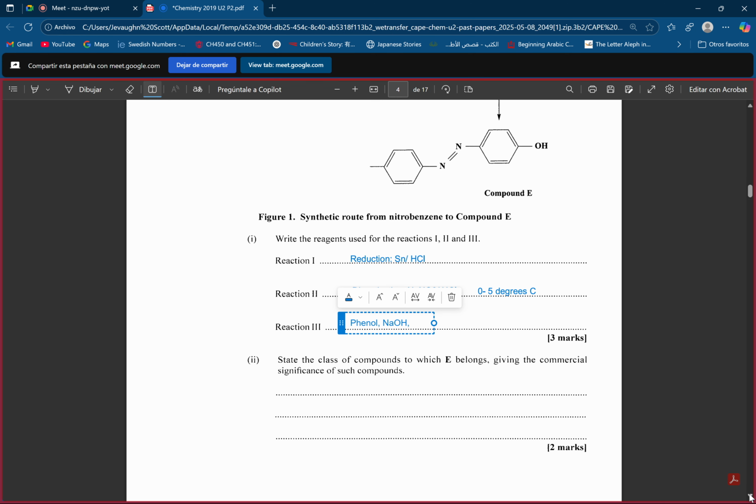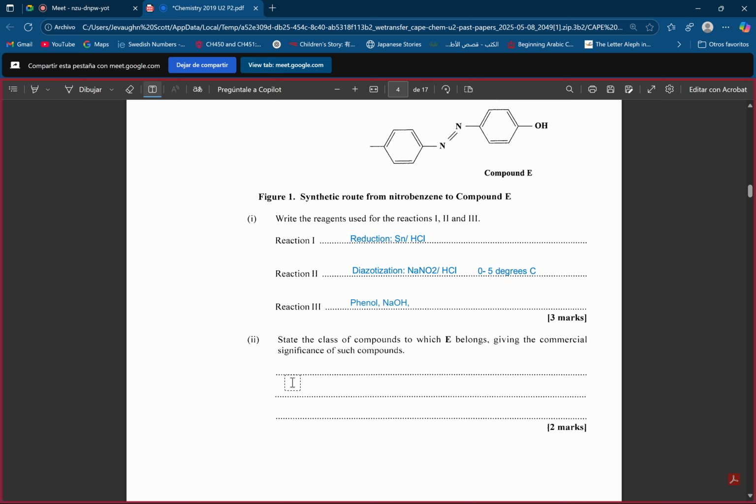State the class of compound to which E belongs. What's the class? A is a compound. All right.